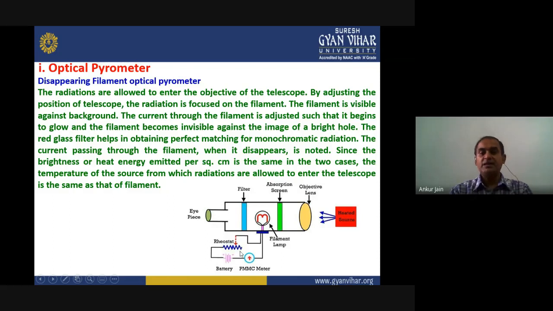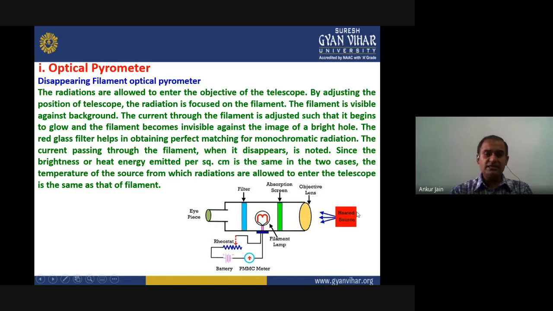These two should be the same, and that's why the temperature of the source from which radiation is coming is the same as that of the filament. When it is invisible, the temperature of the source and the temperature of the filament should be the same. That is the principle we use to measure the temperature of an unknown heat source.